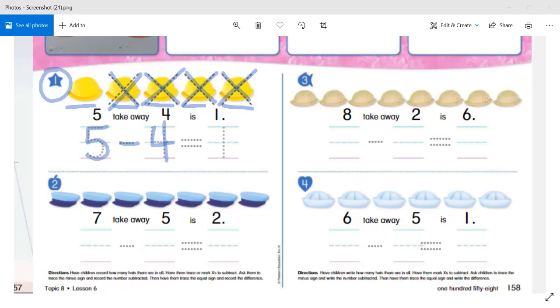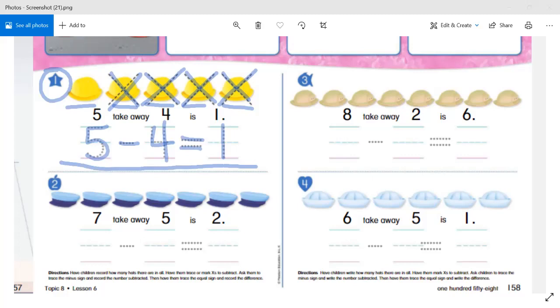So we had 5 in all. We're taking away 4, or we're subtracting 4. What does it equal? 5 minus 4 equals what? How many hats are left? 1. So 5 minus 4 equals 1.